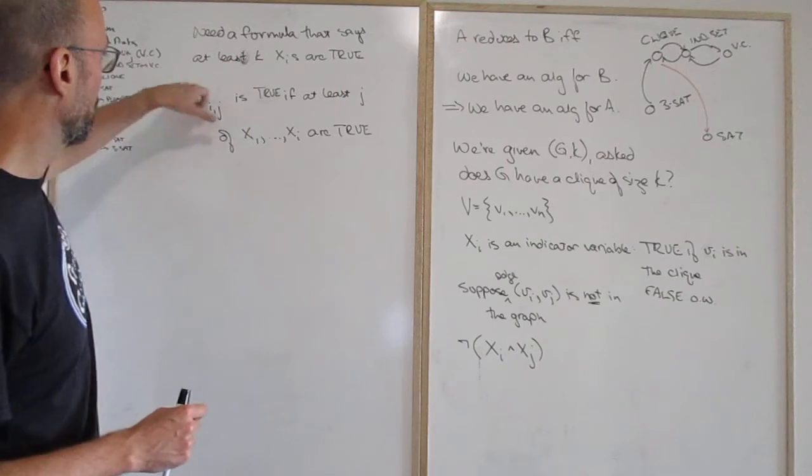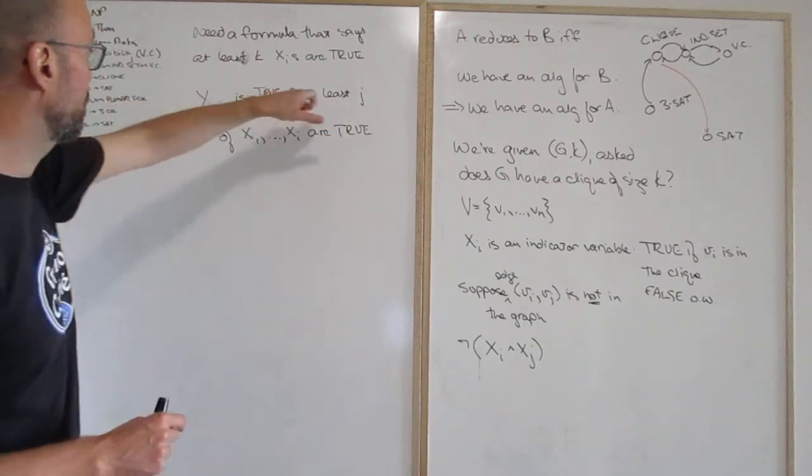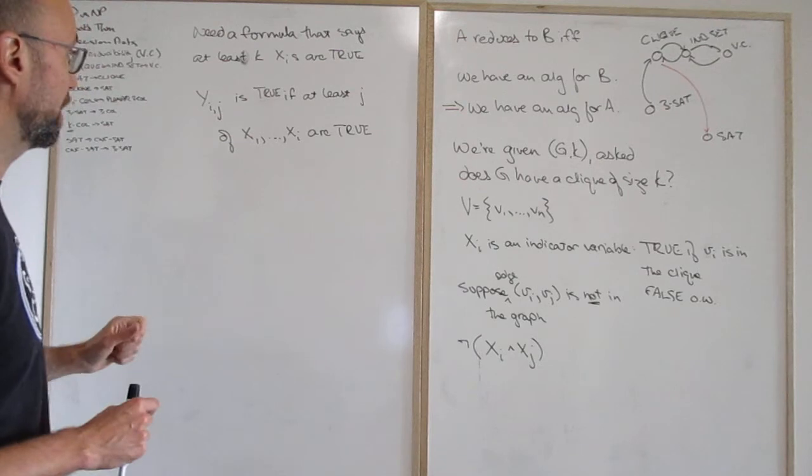How are you going to get yij is true if at least j of x1 to xi are true?